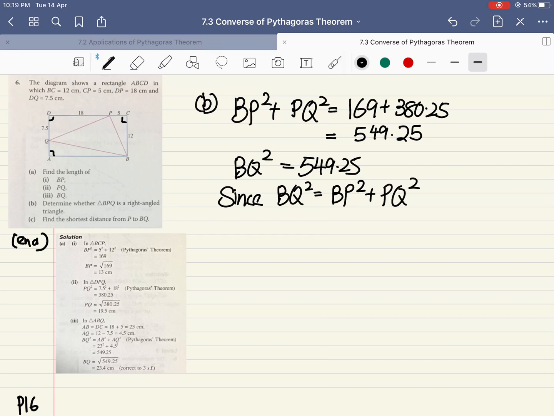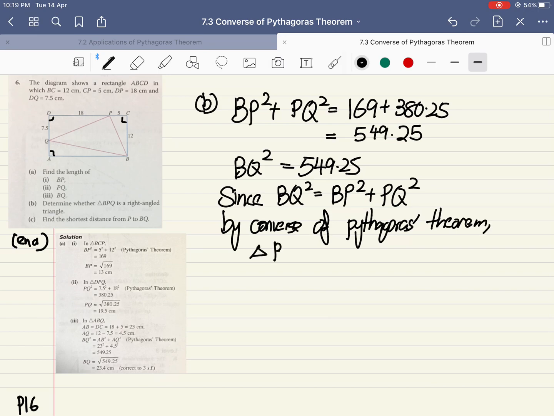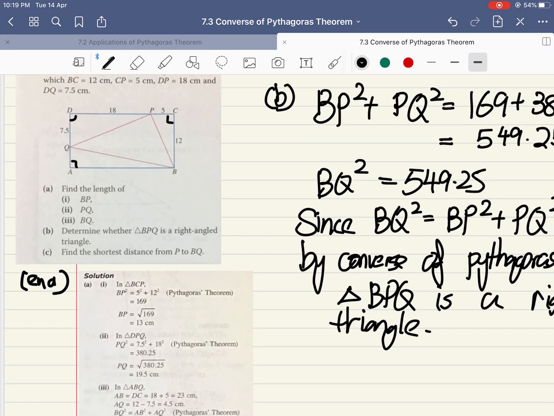So I will write my statement: since BQ square is equals to BP square plus PQ square, by converse of Pythagoras' theorem, triangle BPQ is a right angled triangle.